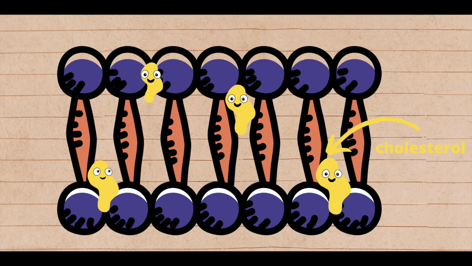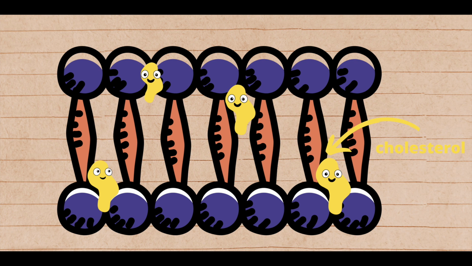When it's too high, then these phospholipids become way too spaced out and they need cholesterol to come in and squeeze them back together. So basically, cholesterol controls fluidity. When the temperatures are too low, the phospholipids are going to try and become too compact and close together, and the cholesterol is going to come in and act as a spacer.